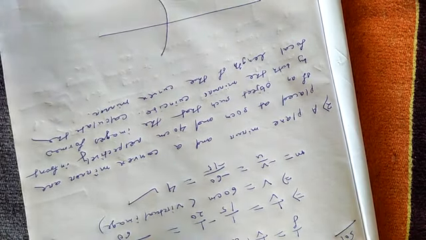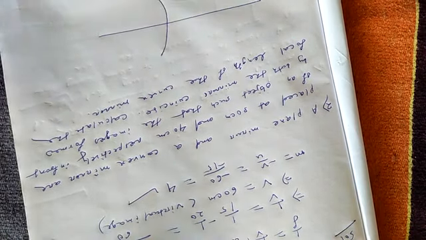And the plane mirror is at a distance 30 centimeter. So this is the plane mirror, M dash is the plane mirror. This distance is 30 centimeter.